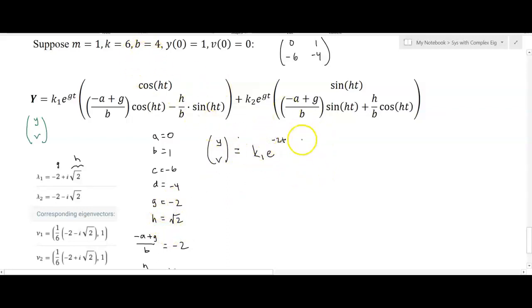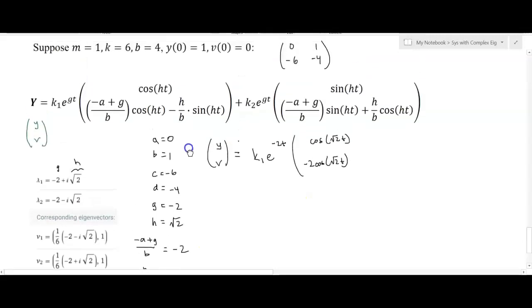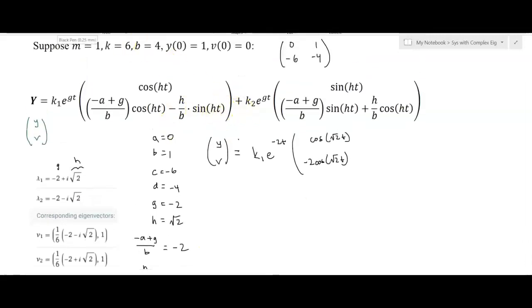We have a damping coefficient of 4, multiplied by cosine of the square root 2 t, and then we will have down here negative A plus G over B is negative 2 cosine of square root of 2t minus H over B, which we said was square root 2, so minus square root 2 times the sine of square root of 2t.